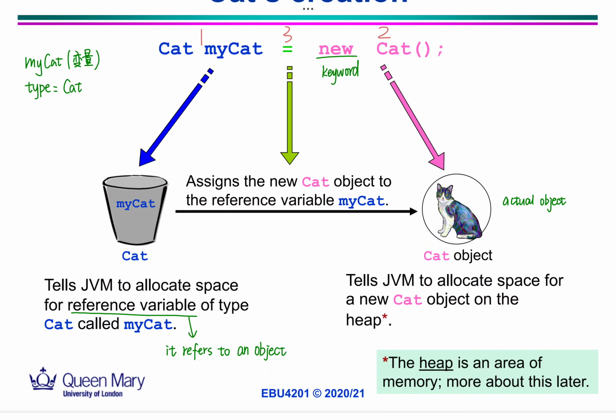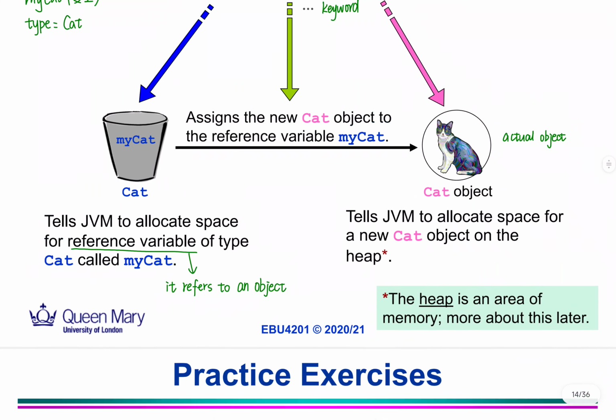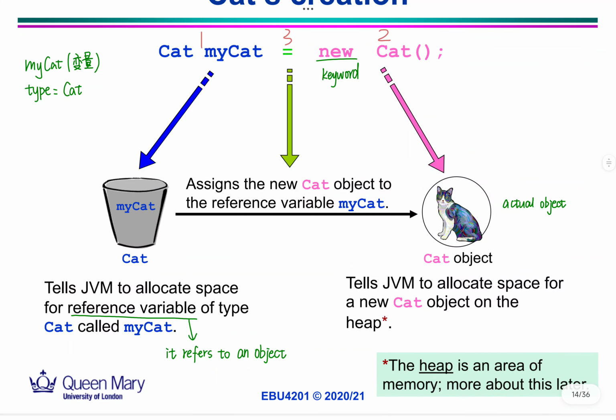On the heap, which is an area of memory. More about this later. The JVM allocates space for a new Cat object on the heap, the heap area of memory.